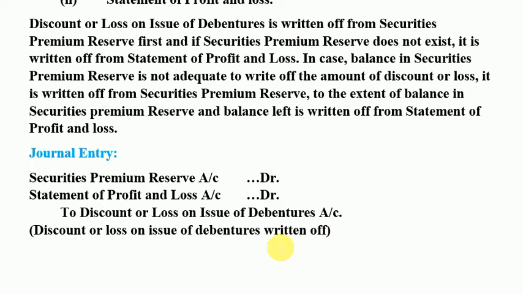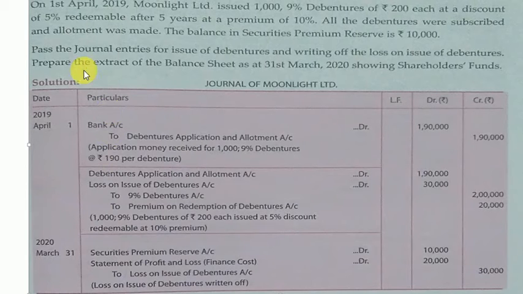Now proceed towards one question. The question says: on 1st April 2019, Moonlight Limited issued 100 9% debentures of 200 each. So this is the number of debentures, that is 100 9% debentures, at the rate of 200 per debenture at a discount of 5%.